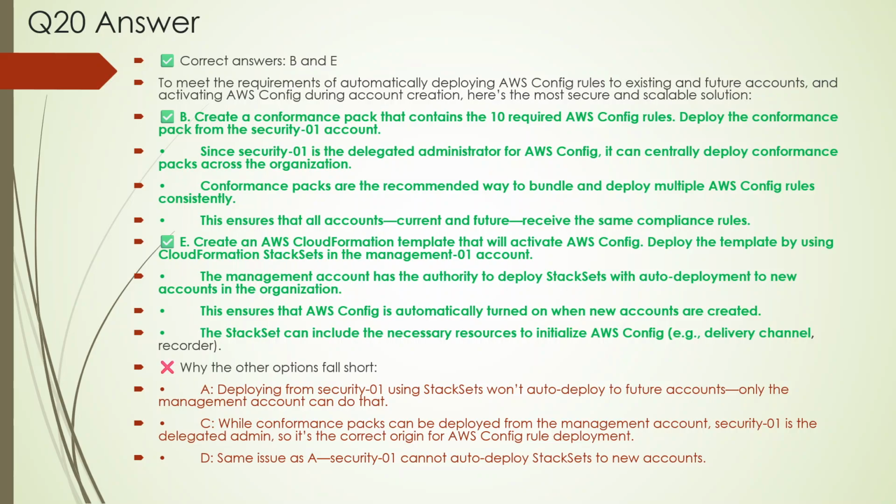While the other options fall short, deployment from Security 01 using a stack set with auto deploy to future accounts, only the management account can do that. See, while a conformance pack can be deployed from the management account, Security 01 is the delegated admin, so it's the correct origin for AWS Config rule deployment. Some issues: a security account cannot auto deploy a stack set to a new account.